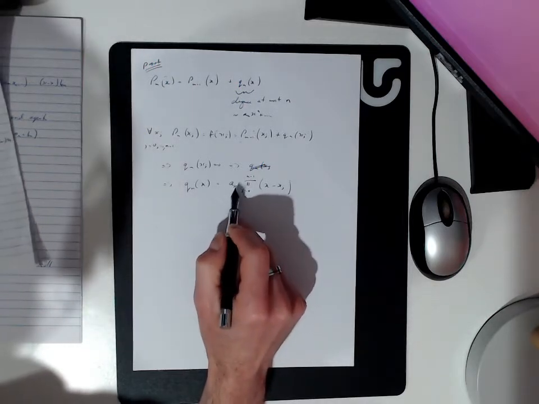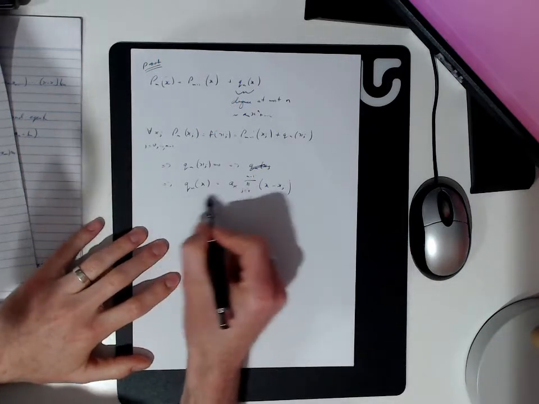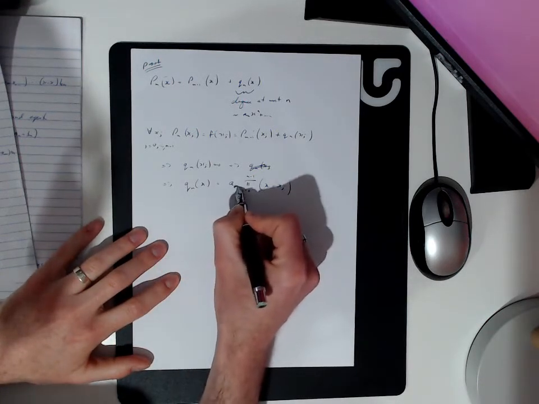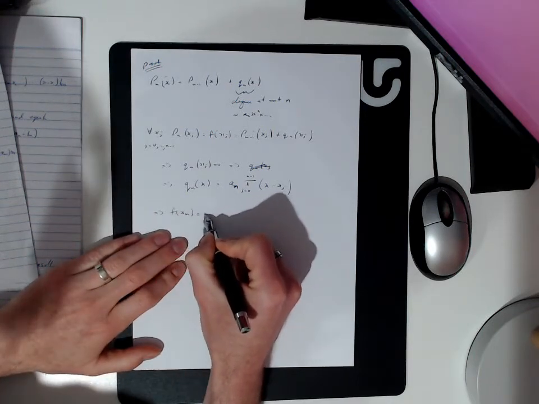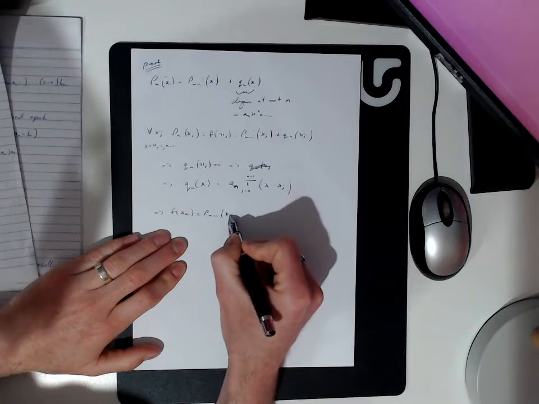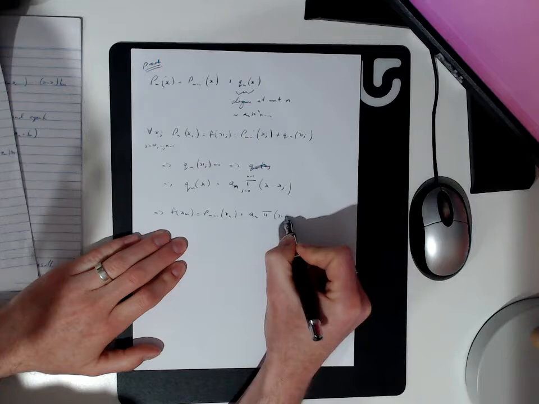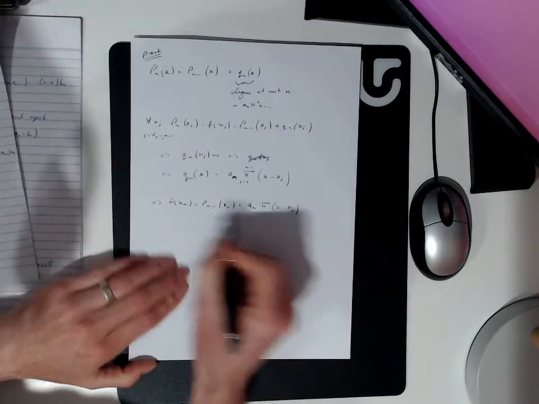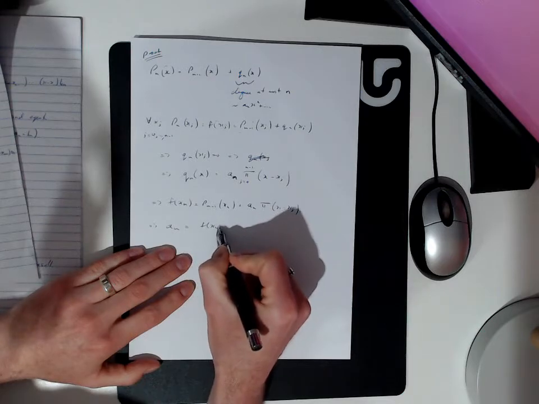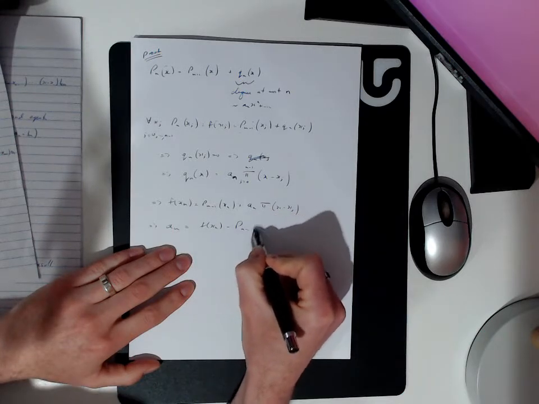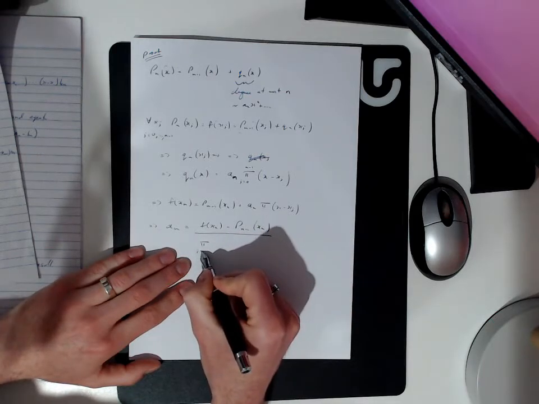It's degree at most n. So we can find a formula for an on the basis of this. f(xn) is going to be equal to P(n-1)(xn) plus an times this product. And that implies that an is equal to f(xn) minus P(n-1)(xn) divided by this product.